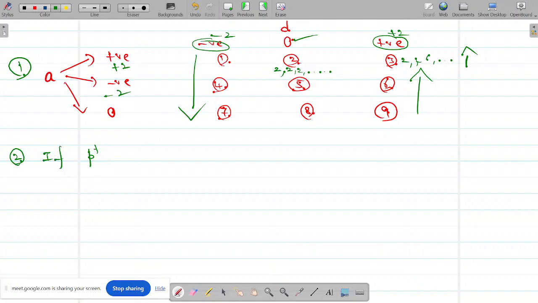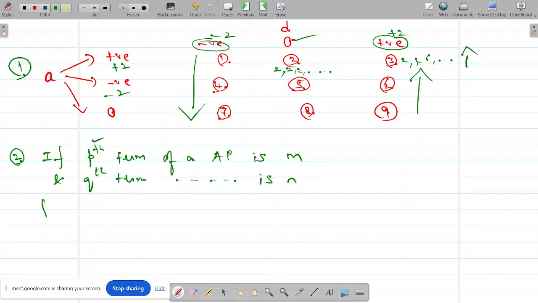If Pth term of an AP is M. We have done this third problem. Fifth term is 14. Instead of 14, 13, 12, 15, 35, etc., they are giving us in algebraic structure. Pth term is M and Qth term is N. Okay.